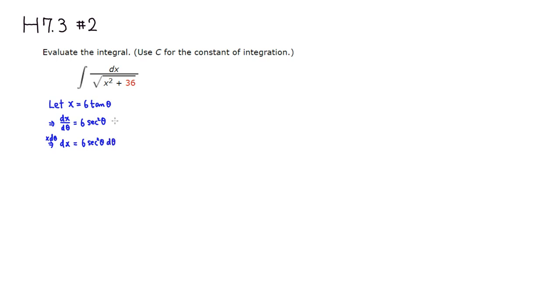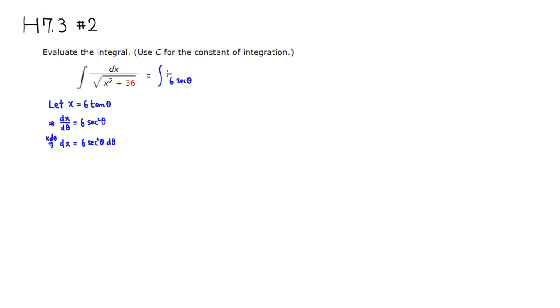So this is going to be equal to the integral. If you plug in x equals 6 tangent of theta, you get 6 squared, and with the square root it's just 6. Then you have tangent squared plus 1, which is secant squared, so with the square root you get just secant of theta.